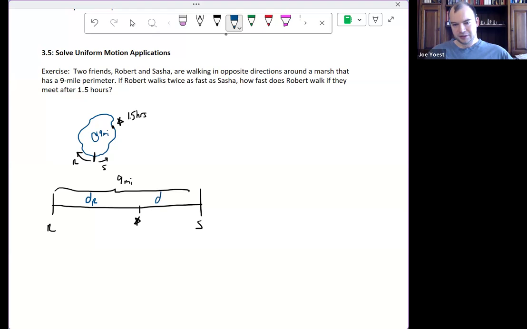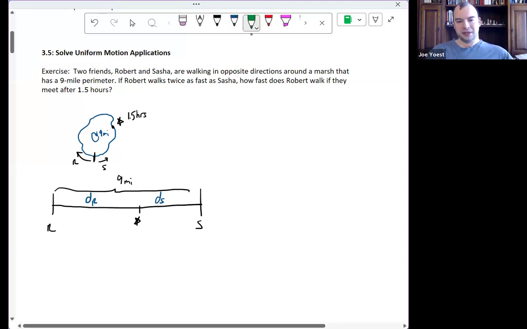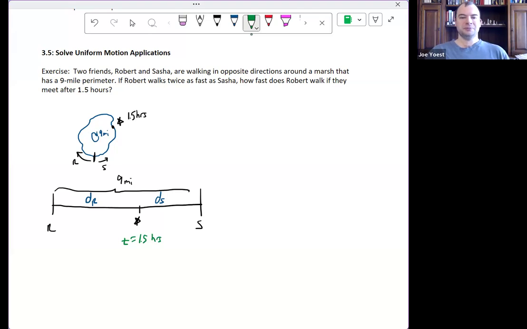And Sasha will have walked distance d subscript s. How much time will it have taken each of them to do that? Well, the time is 1.5 hours for both of them. And what are their rates? What is their speed? Rate little r subscript r for Robert, and rate for Sasha, little r subscript s.